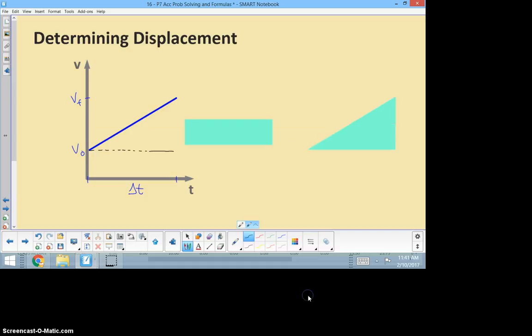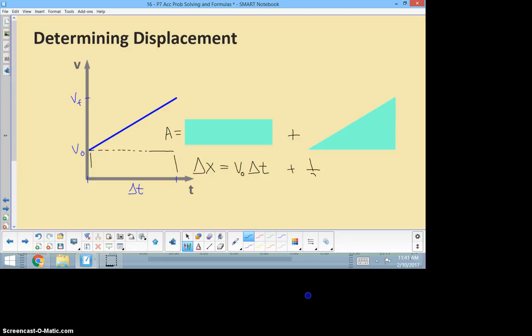So let's add the areas of these two shapes. Since area is equal to displacement, our rectangle has a height of v0 and a base of delta t. That's our rectangle.